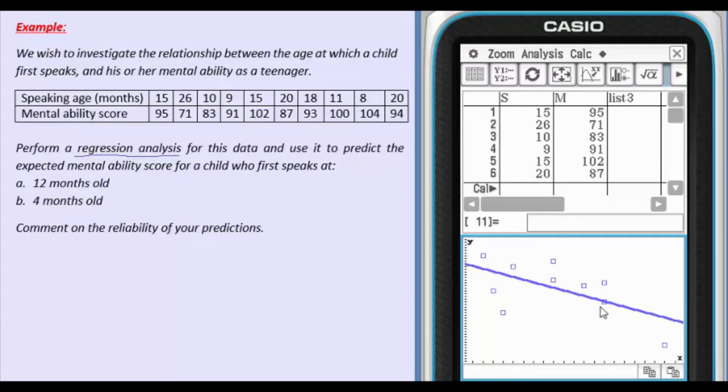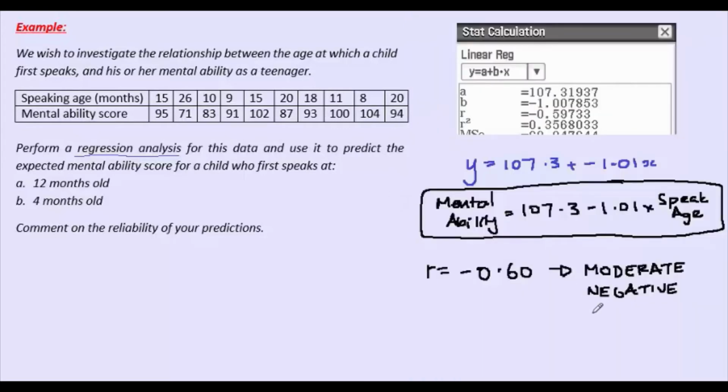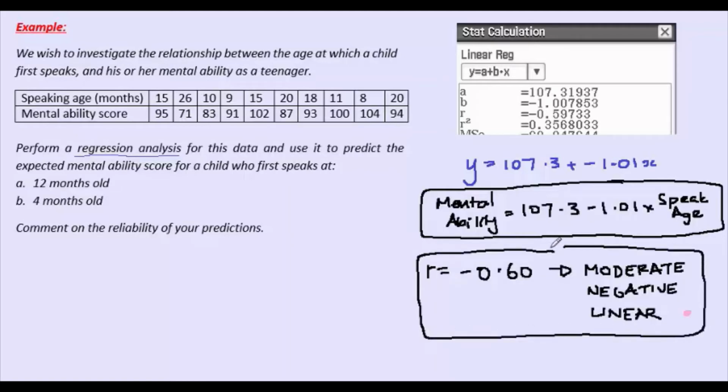There's no clear pattern, even if there's a slight one. So knowing that, I can write here that it's linear. Now, it's always good if it's linear, because remember, this linearity is one of the assumptions we make whenever we talk about R. So there's my response to my correlation coefficient.